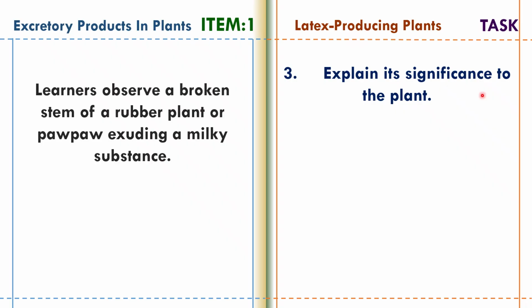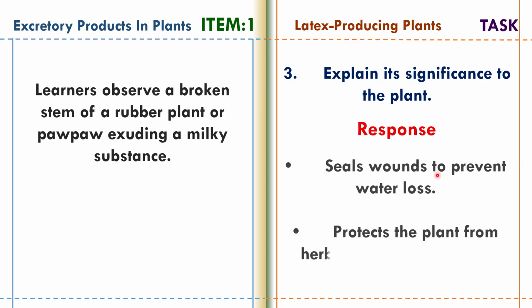Explain its significance to the plant. It seals wounds to prevent water loss and protects the plants from herbivores due to toxicity.